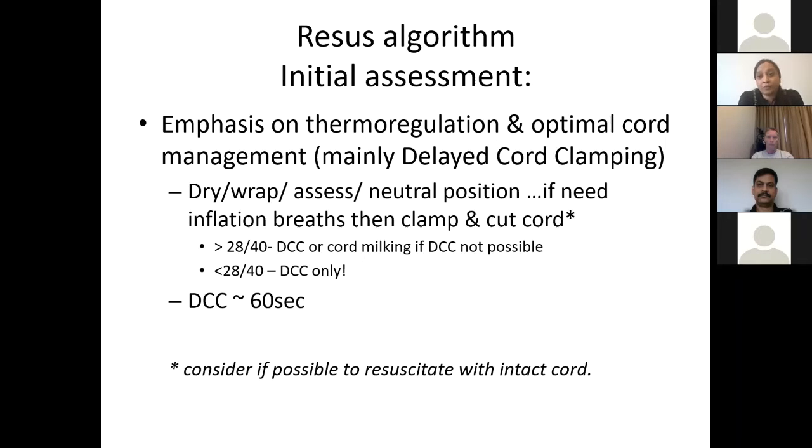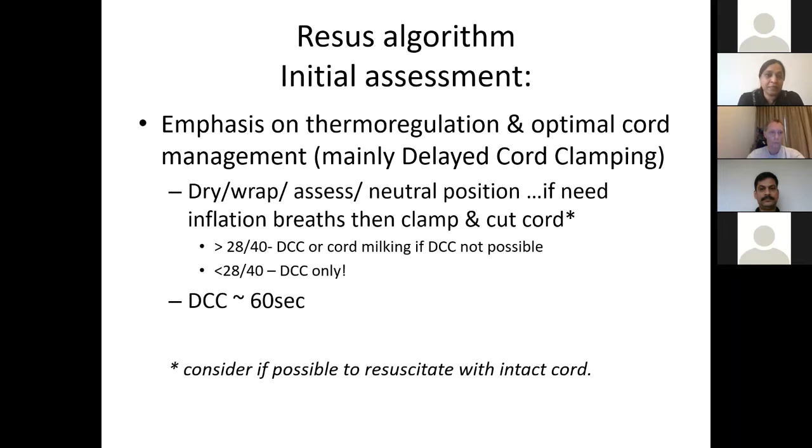And we know that with every degree that the temperature falls below 36.5, the mortality goes up by nearly 28%. So it's really important to make sure the baby stays nice and warm through the resuscitation. So still dry, wrap, and keep the baby warm, whether that's with an overhead heater or with a plastic bag for preterm babies.